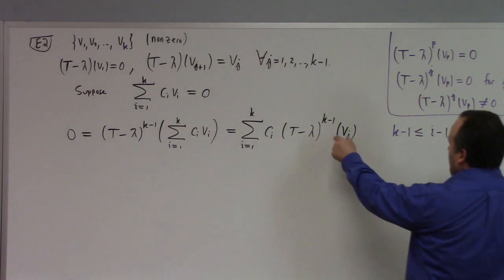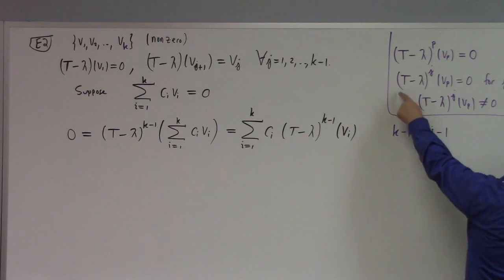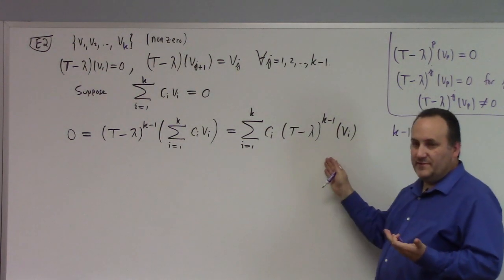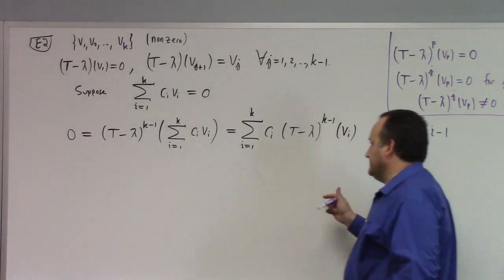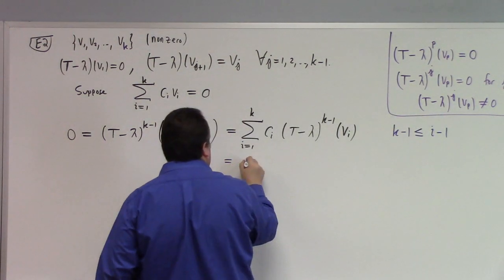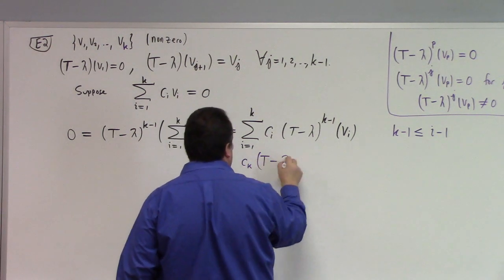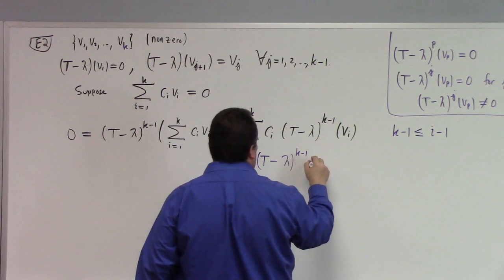Because this is the j, and that's the p, and it's only non-zero outside of this case. Which is just a way of saying the only thing in this whole summation which is non-zero is what? k. So this is just c_k times (T minus lambda) to the k minus 1 acting on v_k, right?